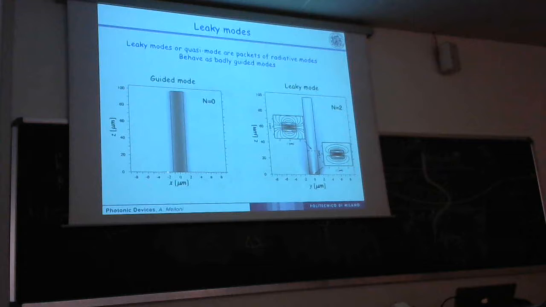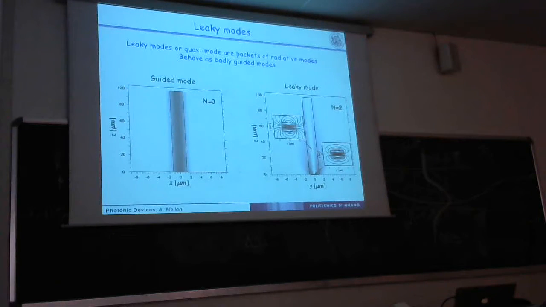We shine the light here with a shape equal to the fundamental mode, and this gray area is the intensity of the mode seen from the top. So the mode you see propagate along the waveguide does not change the shape, is exactly always the same. This, for example, is the second order mode, the one with this shape.